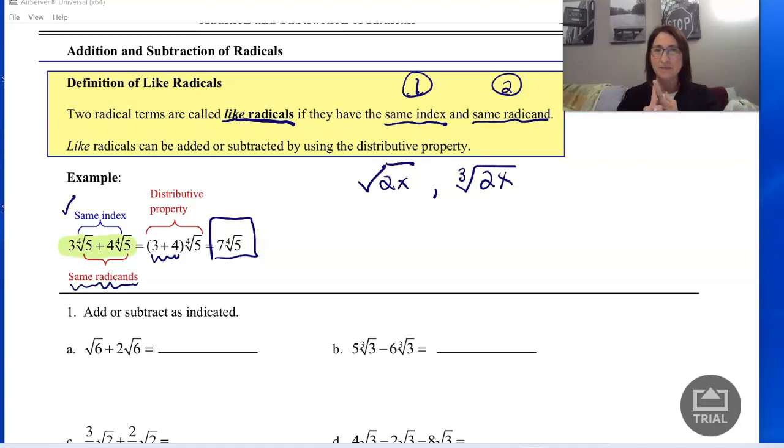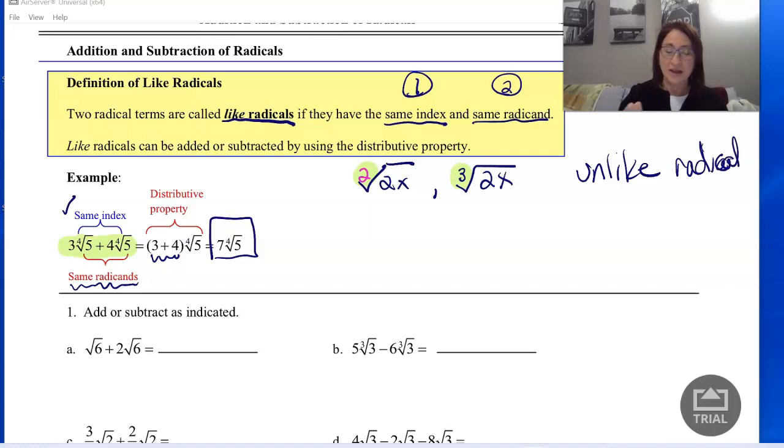Well, they need to have the same index. For the one on the right, it's very clear, our index is 3. We have to recall that when we don't have an index, it's implied that it's a 2. So these are not the same indexes, and so they are unlike radicals.